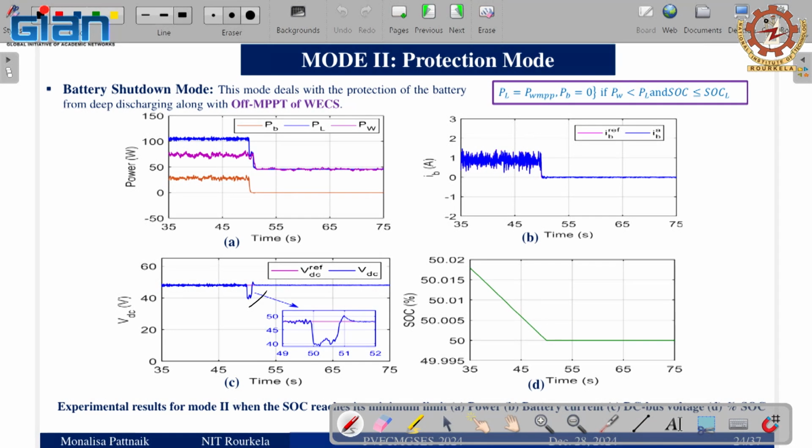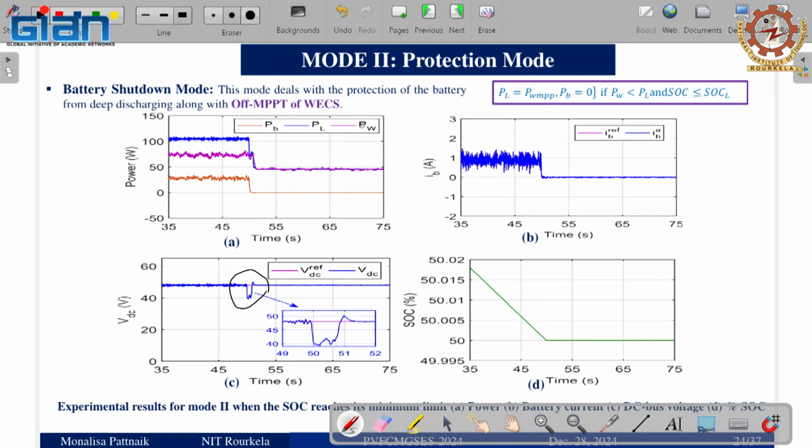During deep discharge, if wind power is more but the load is still less, you have to go for load shedding. We have done manual load shedding here, so it takes a little more time to track the DC bus voltage. These are some difficulties we faced while implementing the system.